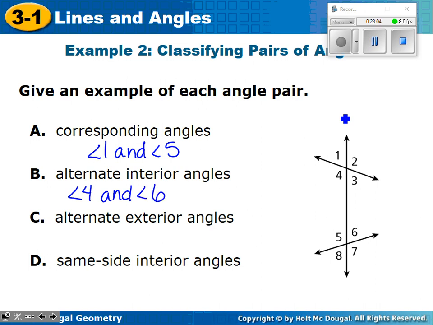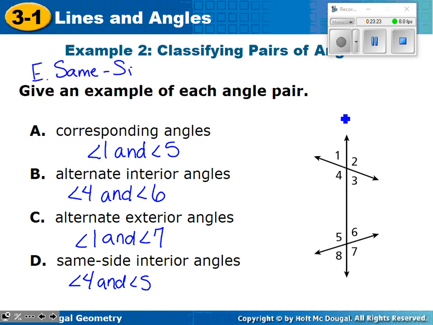Somebody different, alternate exterior. 1 and 7. All right, and anybody, same side interior. 4 and 5. And let's go ahead and add a part E. I'll put it up here. Same side exterior. And Ridley said 1 and 8.